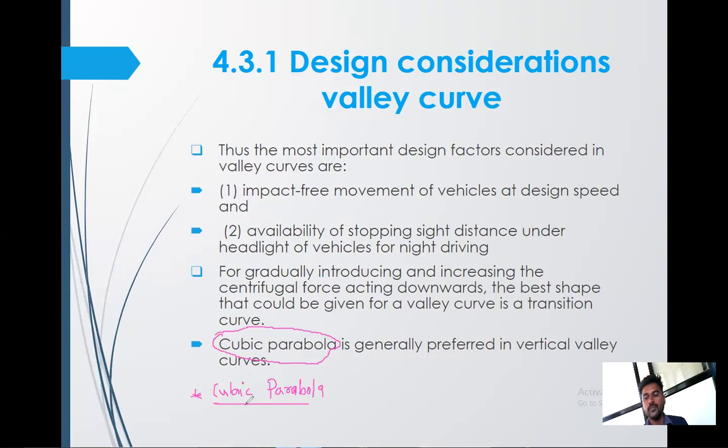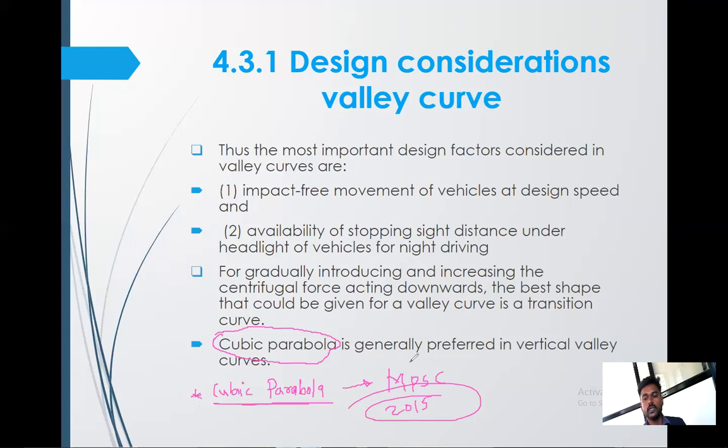Cubic parabola is generally preferred for vertical valley curves. This question was asked in MPSC 2015. Okay, write a note there. Note: Cubic parabola is generally preferred in the vertical valley curve.